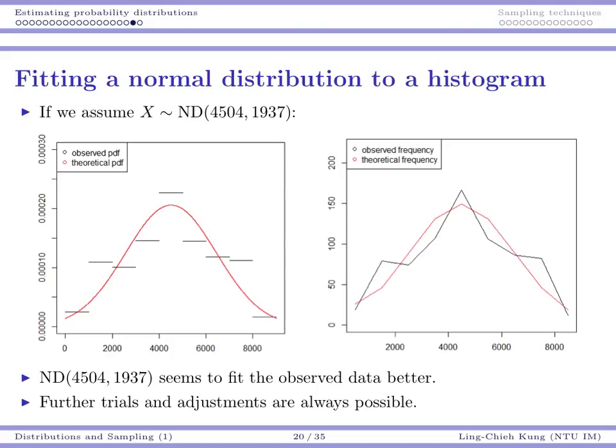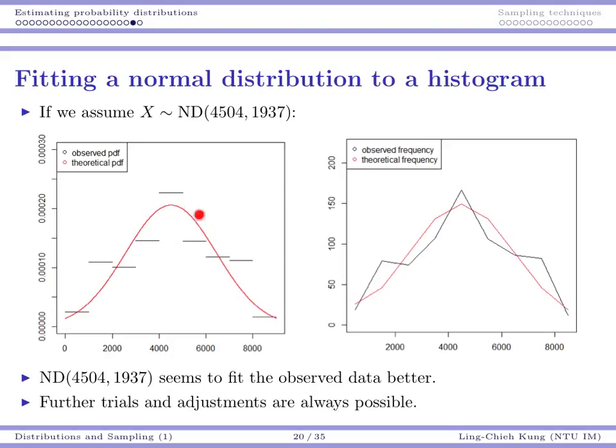Then again, we can plot the observed things and the theoretical things together. The black lines construct the PDF of our observed frequencies. So this is according to our observed frequencies.